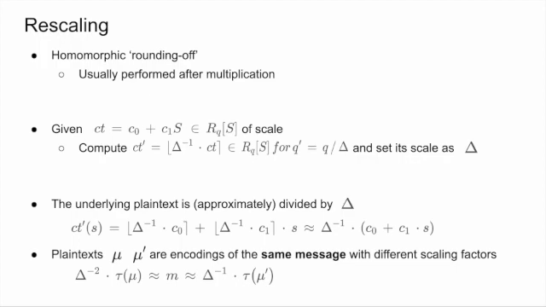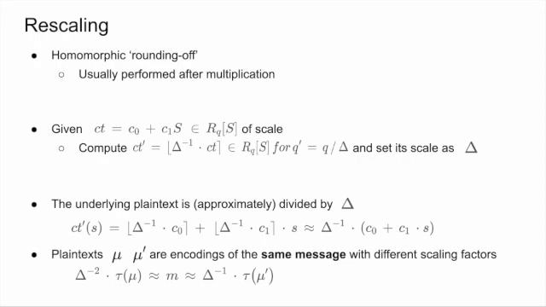What might happen is that a plain text is multiplied twice, and another plain text is just multiplied once. So the first plain text would be multiplied by delta square, and the other plain text would have just delta as a scale.